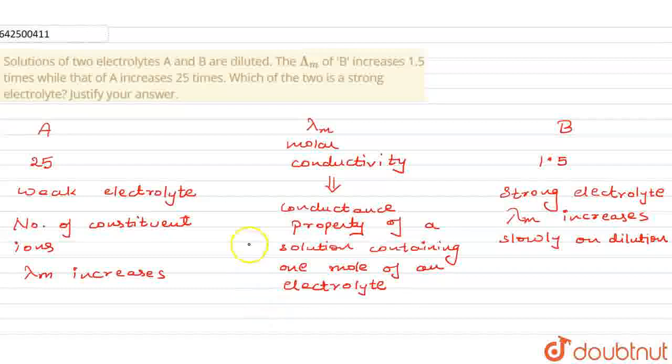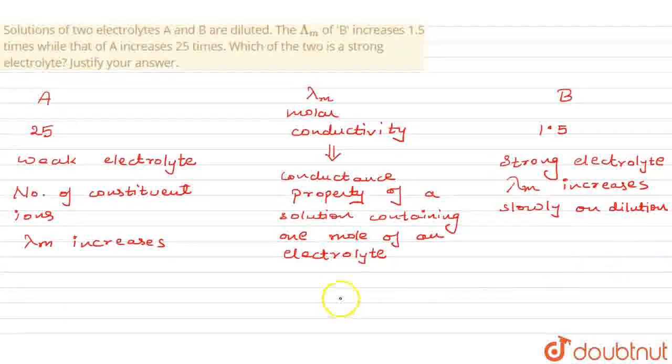So in such a case, when we plot a graph of lambda m versus square root of concentration, it is seen that it is going to rise very sharply. If I was to represent the graph, it's a rough one: lambda m is plotted over here, root c is over here.